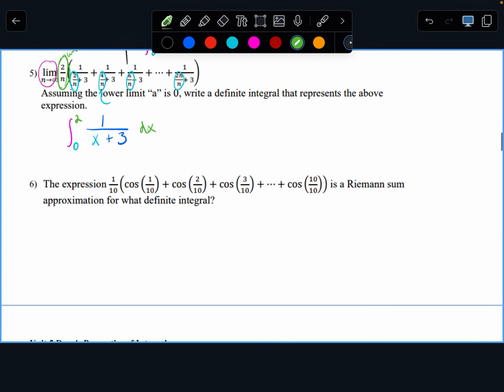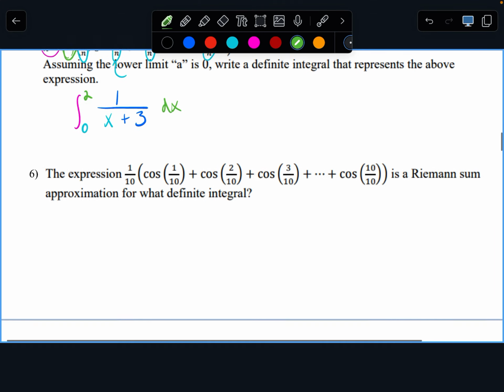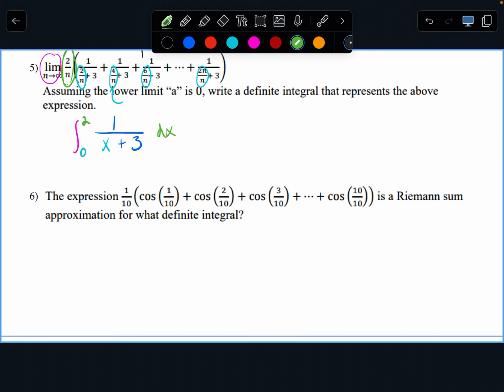This one, they're just doing normal Riemann sums. They're saying, what's an approximation for what definite integral? So it's the same kind of idea: figure out what is changing each time. This is the thing changing, right? The stuff in front of there.